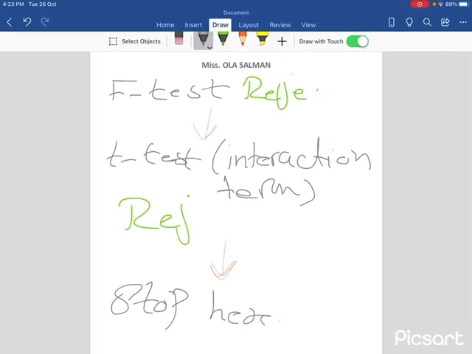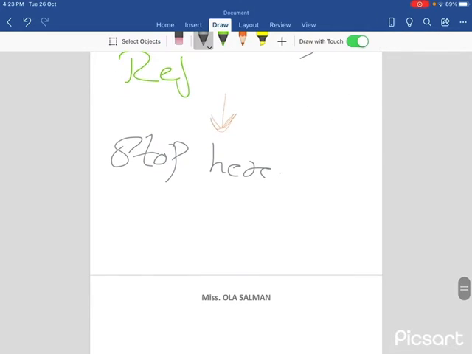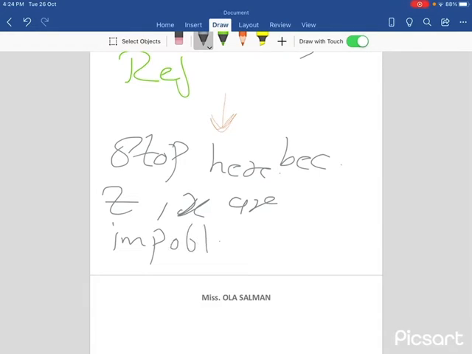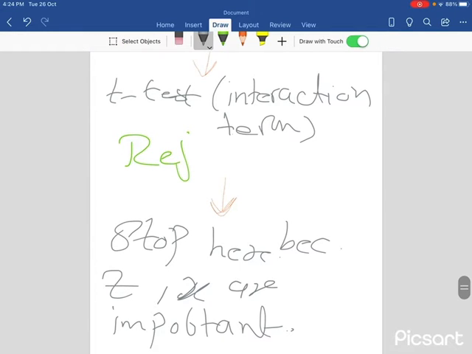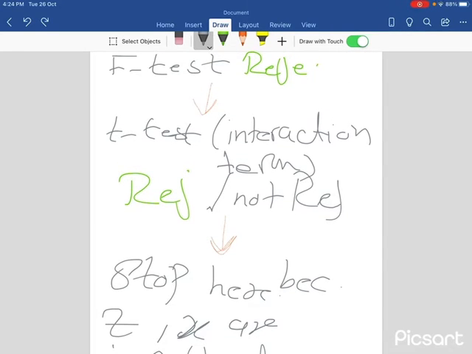Why? Because z and x are important. Okay, then if the t tests do not reject, you will go on, I will write it in another place.